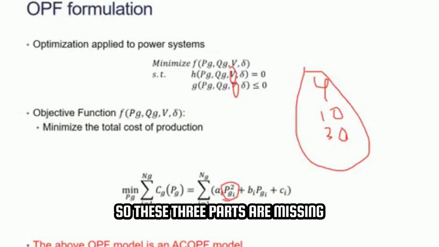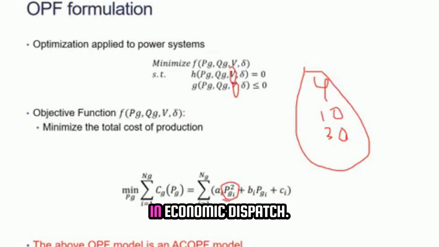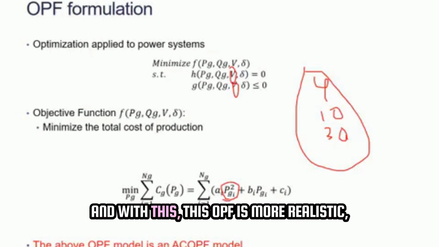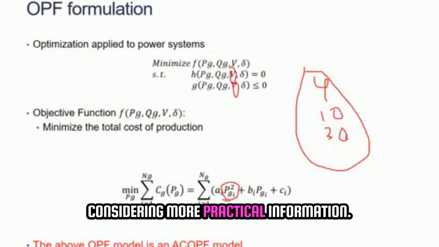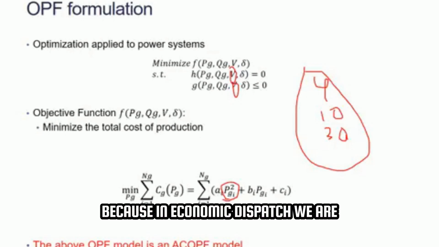So these three parts are missing in economic dispatch, and these three parts we have considered in power flow. With this, OPF is more realistic, considering more practical information.